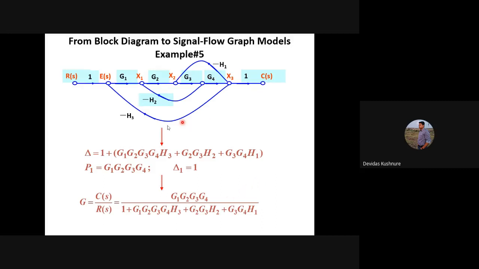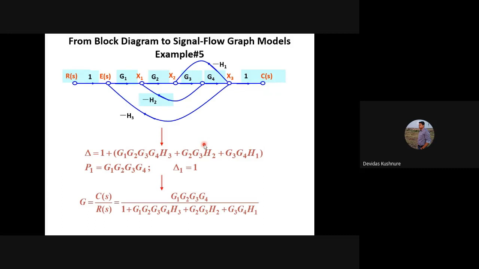So we can just judge the answer first, we can check the answer, and we have to do the reverse engineering and find out what should be the signal flow graph, so that you can quickly reach the solution. Otherwise, you can follow the straightforward path which has been mentioned.